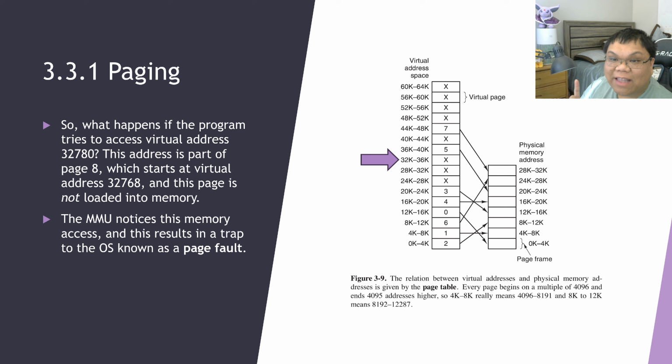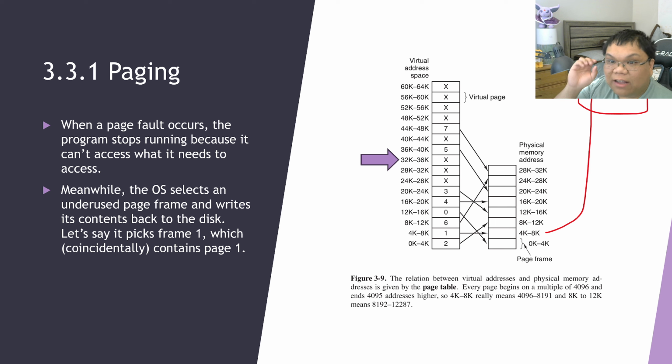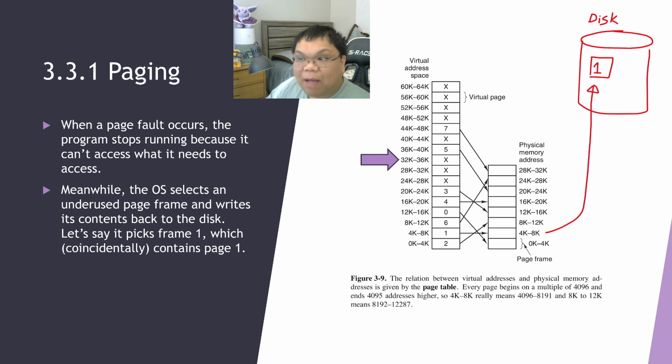Here's what happens next. The program stops running, and it triggered what's called a page fault. The operating system realizes, oh no, a program just tried to load something that doesn't exist. I gotta go fix it right now. What the operating system does is it goes and finds that missing page.